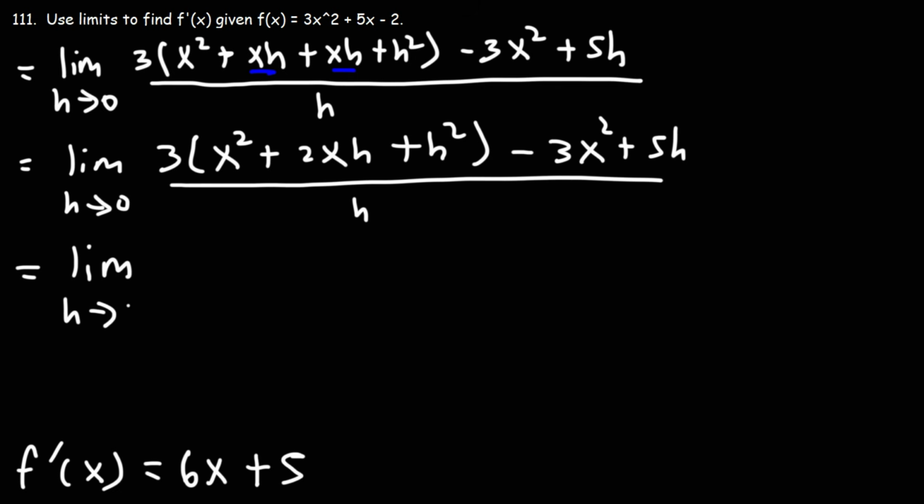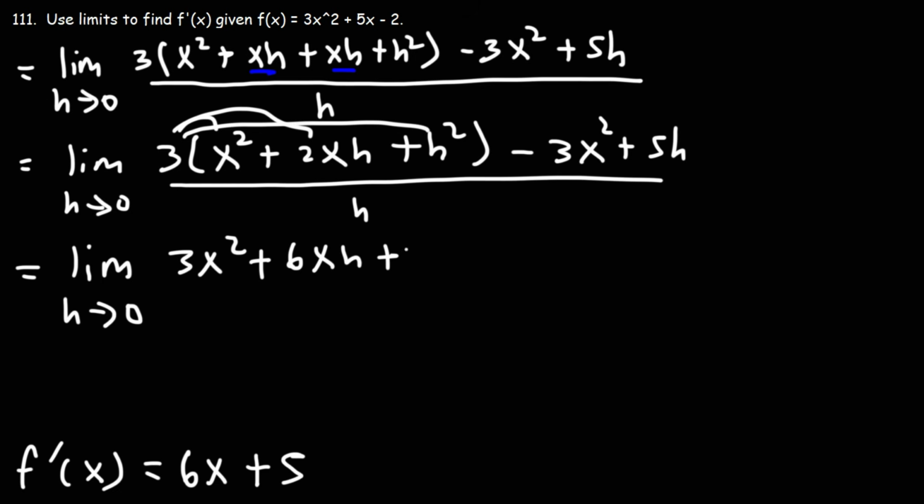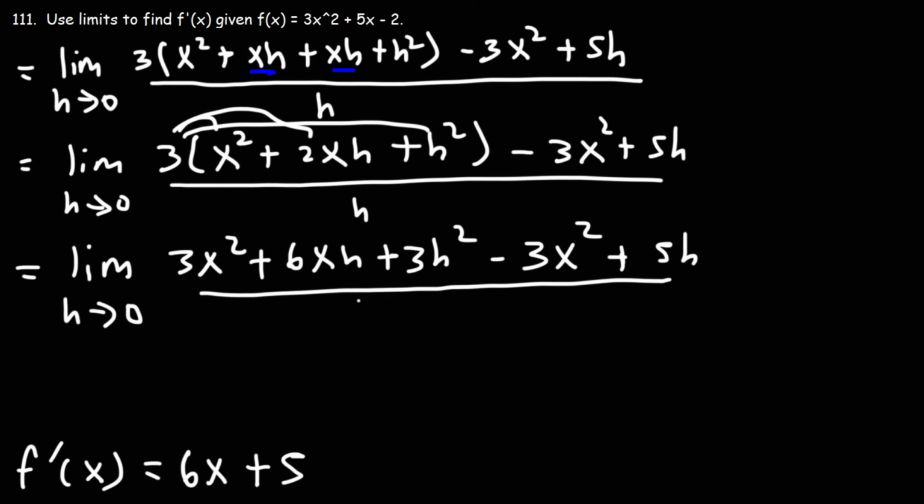So next, let's distribute the 3. So we're going to have 3x squared. This is going to be 3 times 2, so 6xh, and then plus 3h squared. That's going to be minus 3x squared plus 5h. And this is all divided by h.